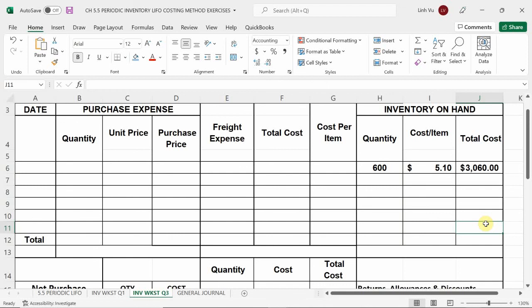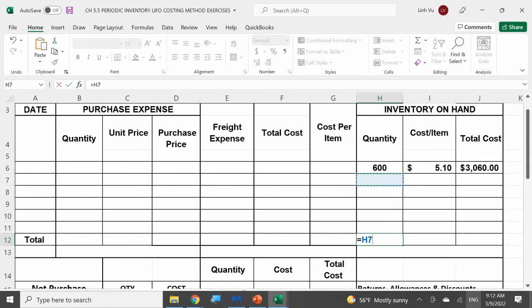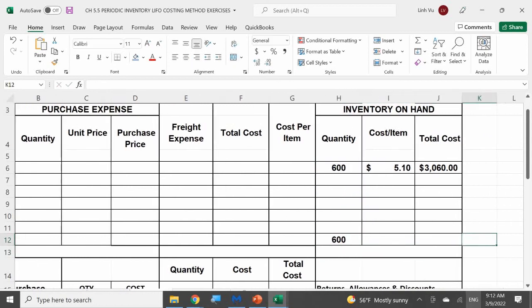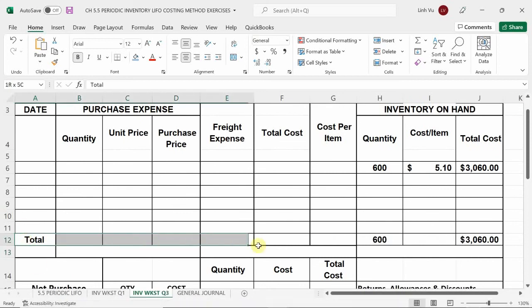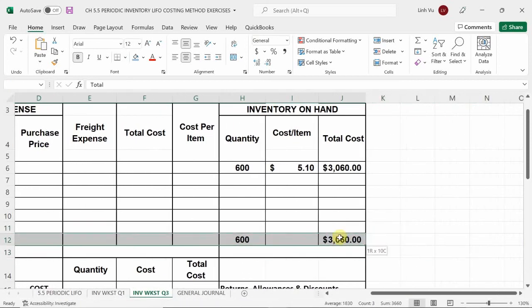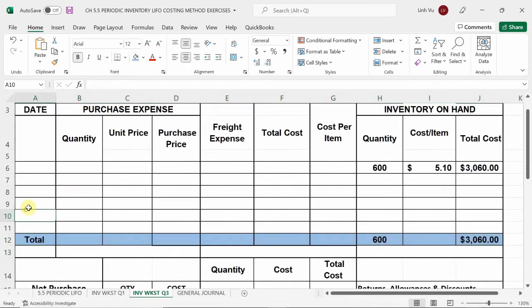But in this case, I can tally up my totals here, because I know that my beginning inventory is going to leave me with 600 units at a grand total of $3,060. If you like, you can even highlight this so you know that these are your totals.